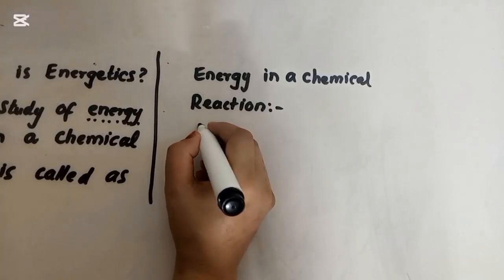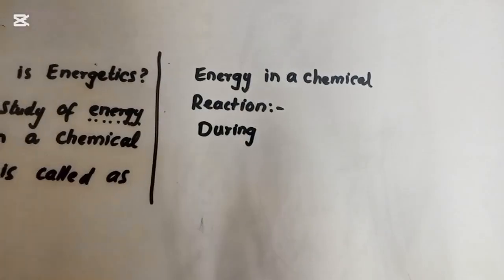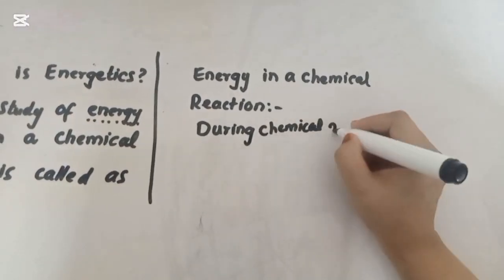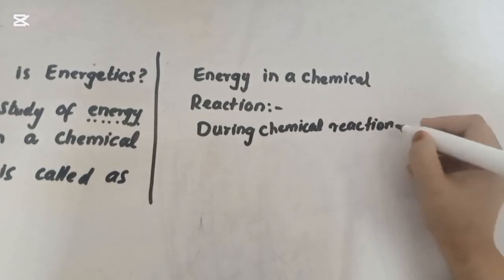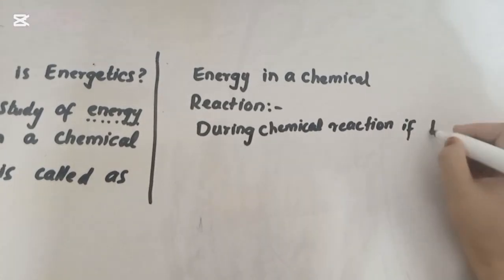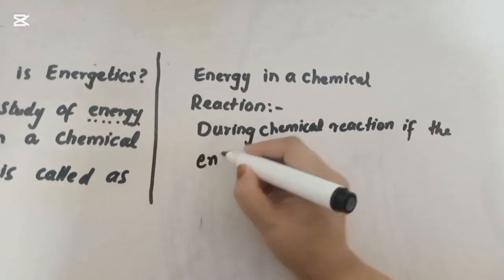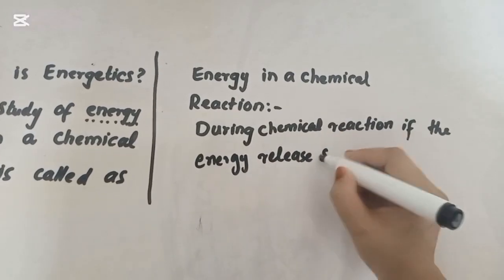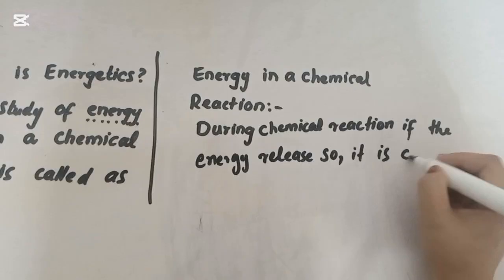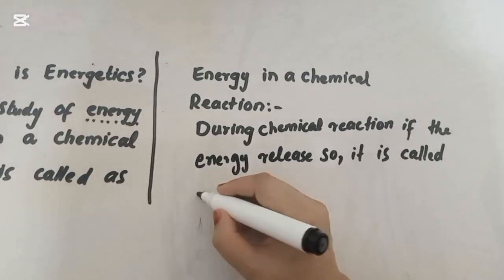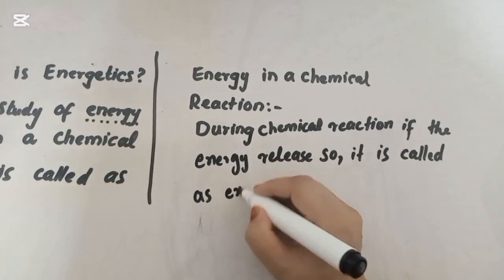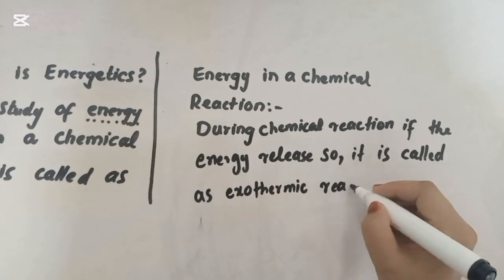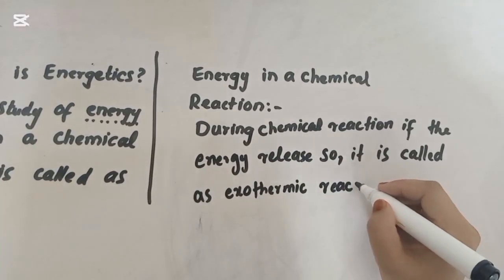As we know, during a chemical reaction, energy can be released or absorbed. During a chemical reaction, if the energy is released, it is called an exothermic reaction.